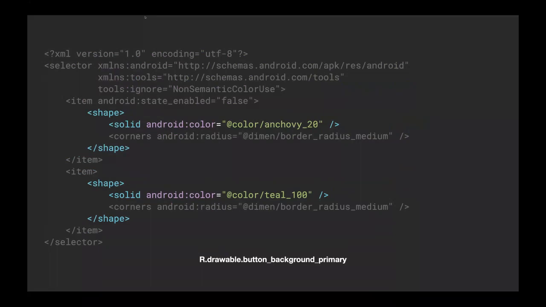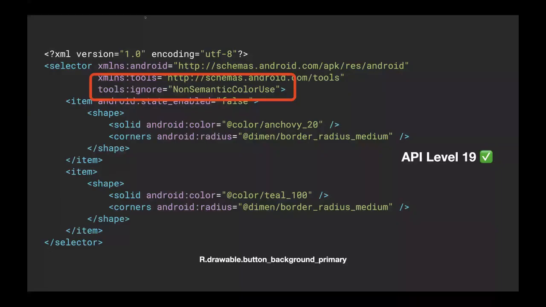The way to do this is basically we change the button background primary to actually use a hardcoded color reference. But as I mentioned earlier, you should not do this. That's where we said, okay, this is only for API 11 to 19, and we know we don't support dark mode, so please, lint, don't notify me that this file is wrong, I know that it's wrong.